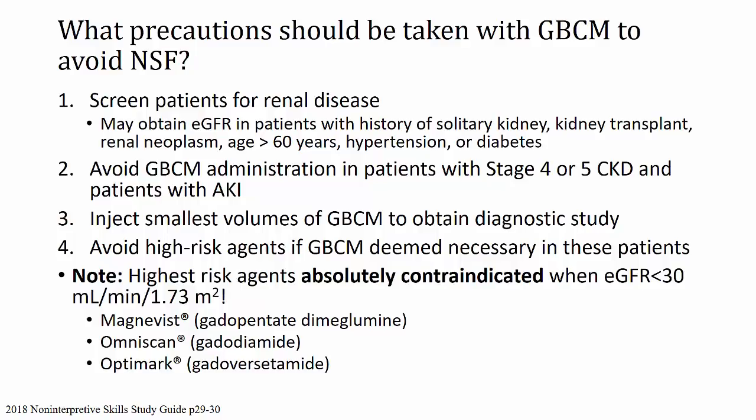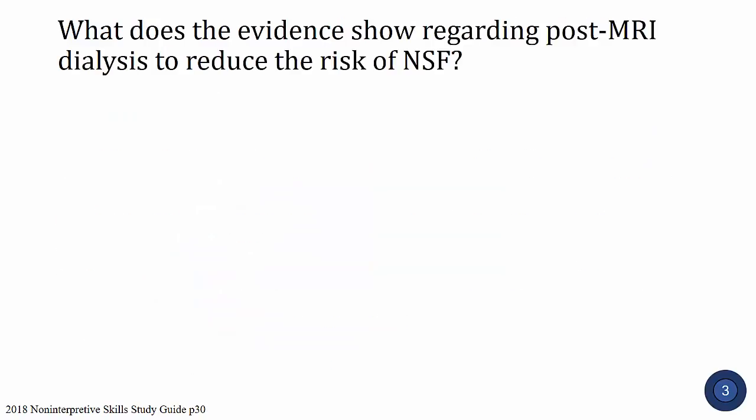And note that the highest risk agents are absolutely contraindicated when the GFR is less than 30: Magnavist, Omniscan, and Optimark. So we really shouldn't use these agents at all in patients with a GFR of less than 30.